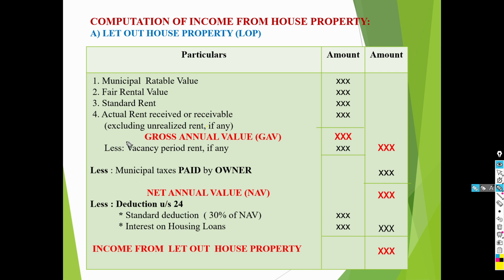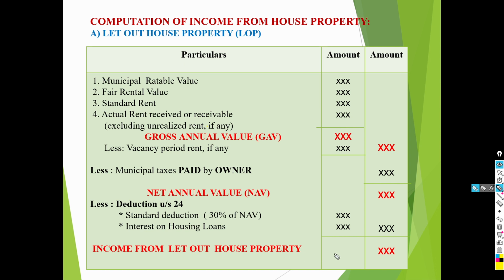Here it is clearly shown that first you have to determine the gross annual value as we discussed earlier. Then you have to determine the net annual value, and from that net annual value you have to deduct the deductions under section 24. Then you will get the income from let out house property.